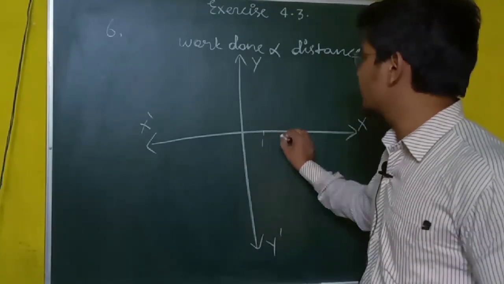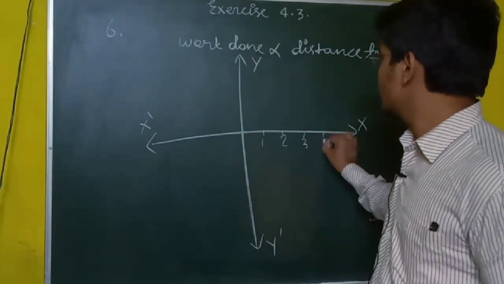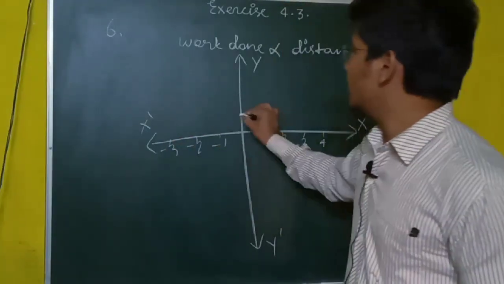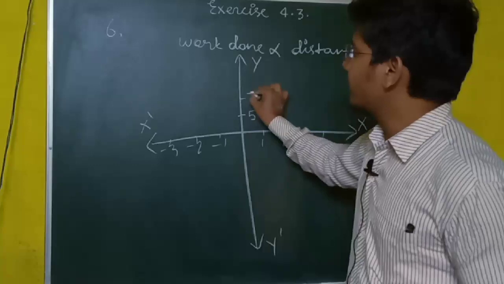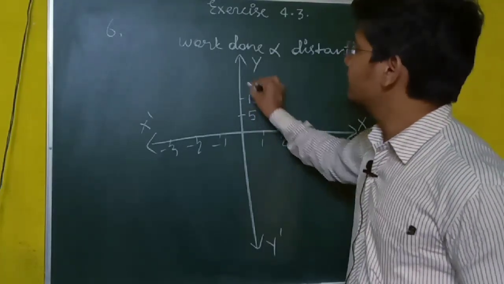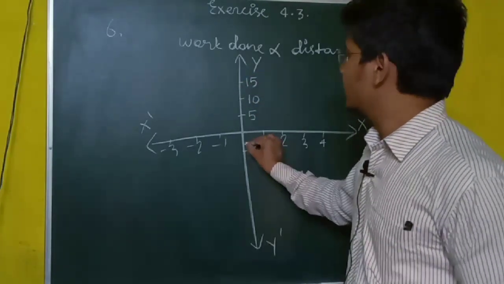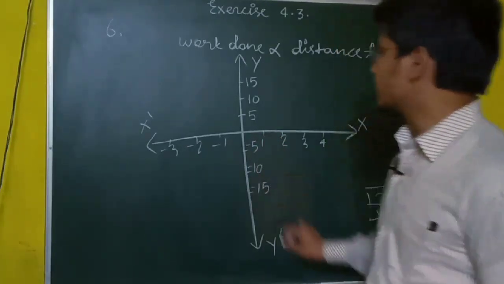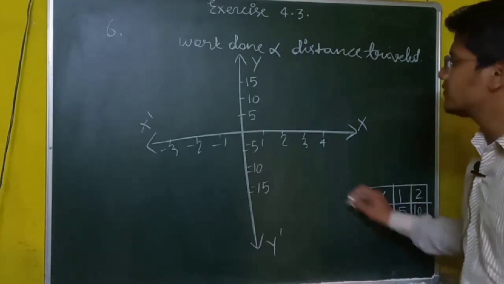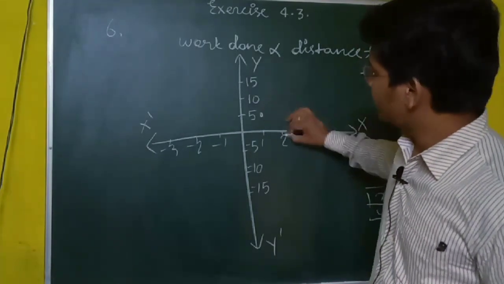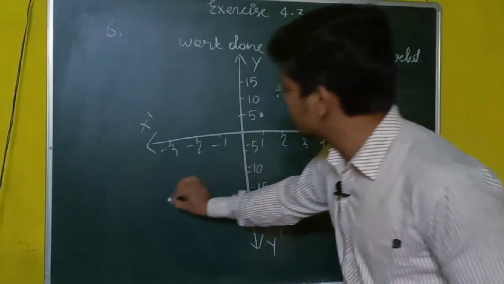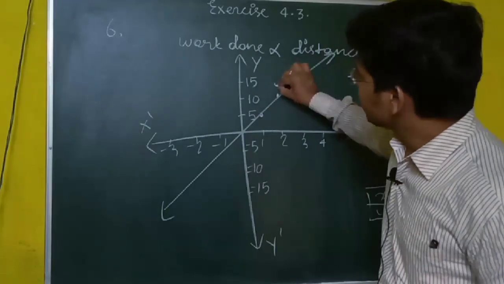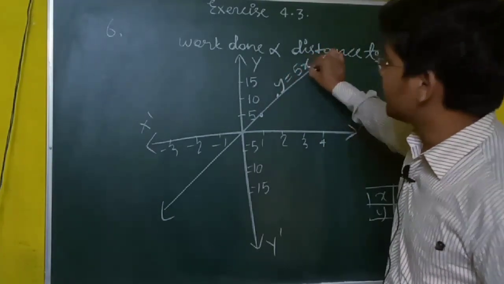Here we will be having 1, 2, 3, 4, minus 1, minus 2, minus 3. Here I am taking the distance of 5, so 5, 10, 15. Here minus 5, minus 10, minus 15. Now the point (1, 5) will lie here and (2, 10) will lie here. We will join these both points, so we will get the graph. It is the graph of y is equal to 5x.